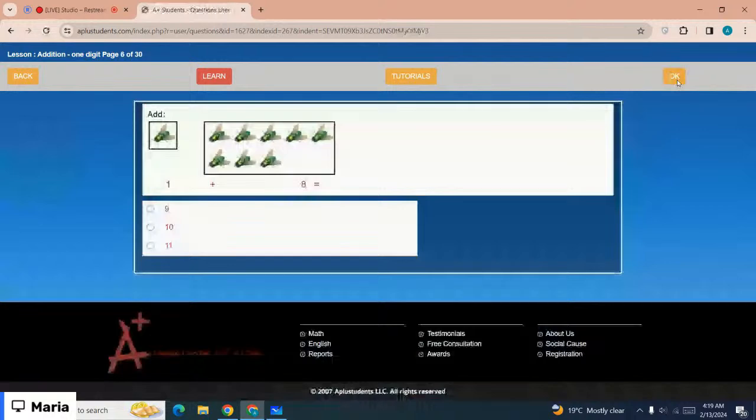Add 1 plus 8, which is the correct option. 1 plus 8 is 9.